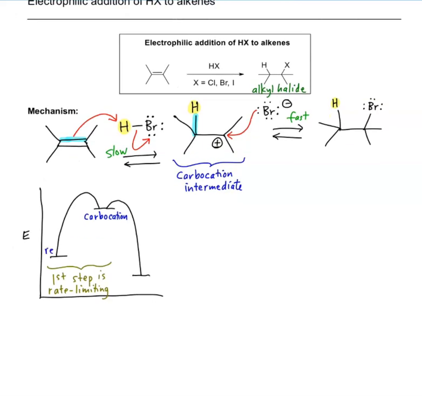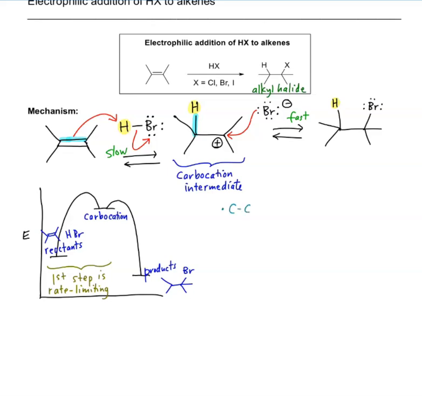And so we start on the left with our reactants, and on the right would be the eventual products. So the alkyl bromide, and then the reactants were the alkene and HBr. Okay, so what happened here?